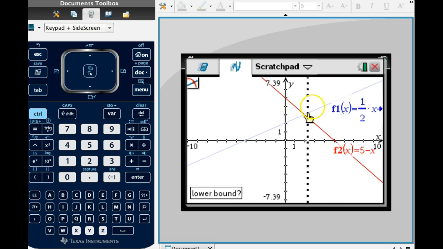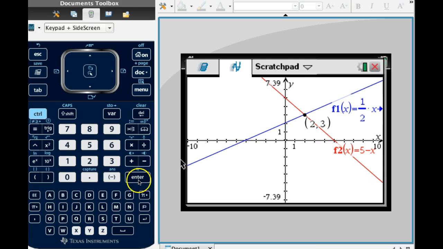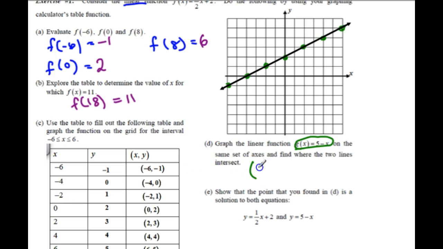I see this is the point right here where it intersects. I want to go to the left, and I click on there. Go scroll over to the right of it, and then it tells you your intersection is at 2, 3.